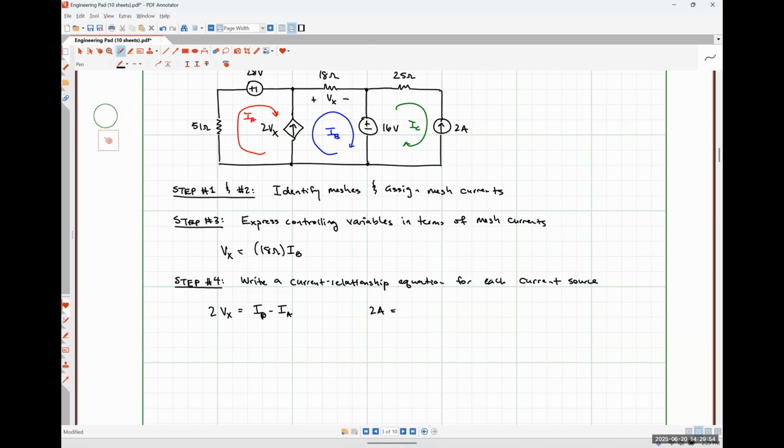And if IC is flowing in the opposite direction of our current source, it gets a minus sign. So should this be 2 amps is equal to positive IC or negative IC? Negative. Negative IC, thank you for that. So those are our current relationship equations. Nothing particularly wild or crazy there. Okay.